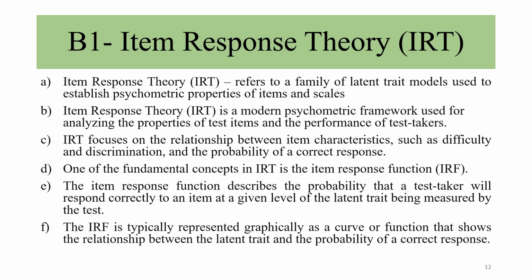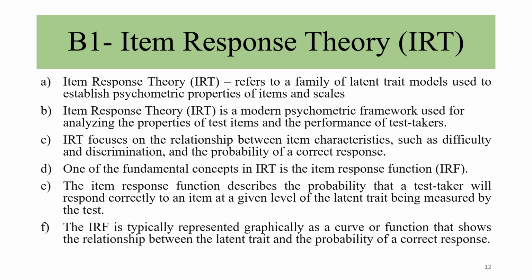Point E: the item response function describes the probability that a test taker will respond correctly to an item at a given level of latent trait being measured by the test.